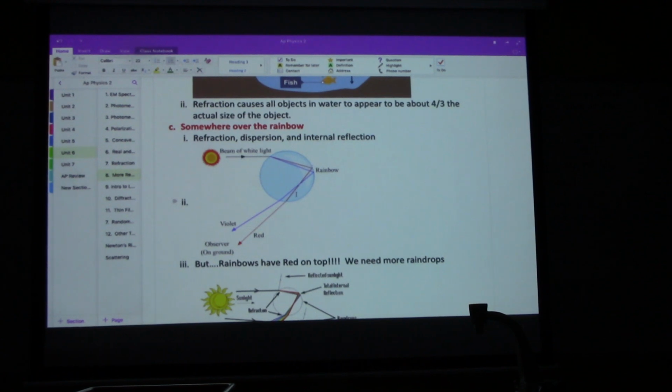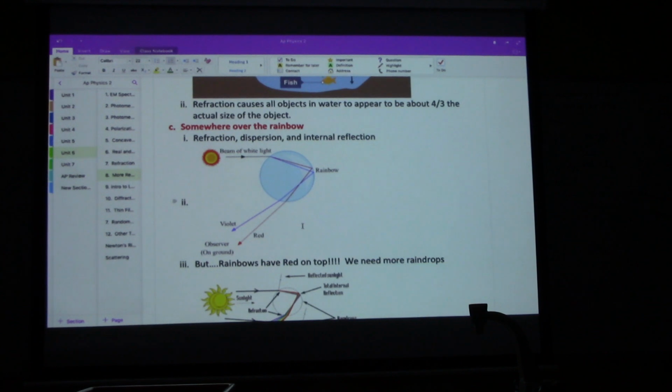At the critical angle, all of that light is then reflected and then has a separate refraction when it comes out of the other surface and back to the air. So there's another refraction, and once again, the violet is going to bend more away from the normal than the red will. So the observer on the ground sees the range of the spectrum.